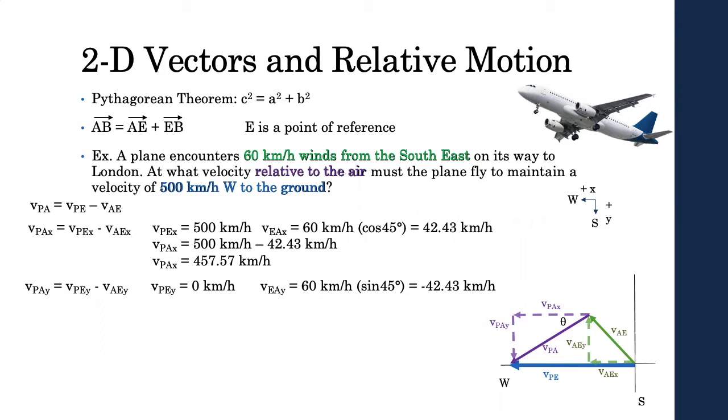You'll notice it's the same number, only there's a negative, because we assign down, south, as the positive y direction. Therefore, up would be negative, north would be negative. So using these numbers, we can plug them back into the normal formula we just used, and we get 42.43 kilometers an hour in the y direction.